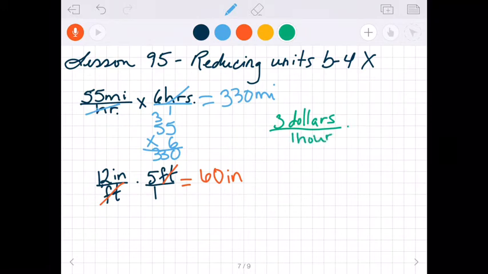And we're going to multiply that by 8 hours over 1. So in 8 hours at $3 an hour, you could earn $24. Okay, that's way below minimum wage. So that would definitely not be a good thing.